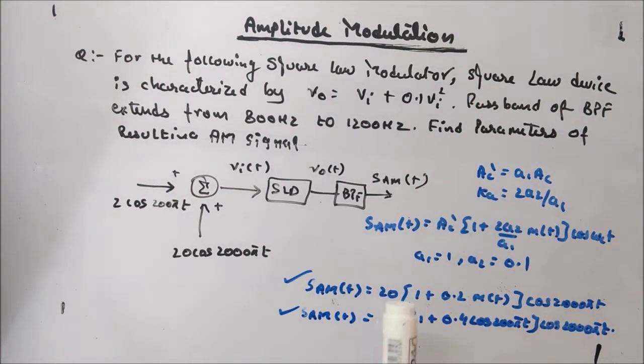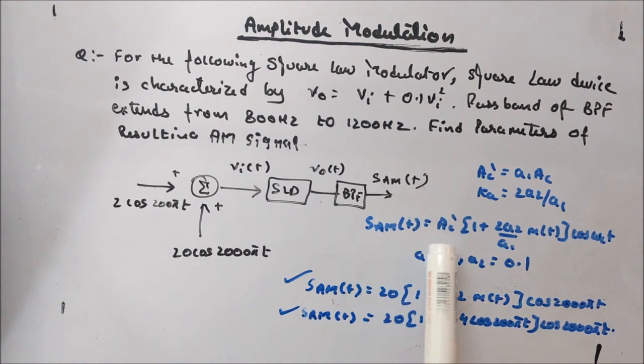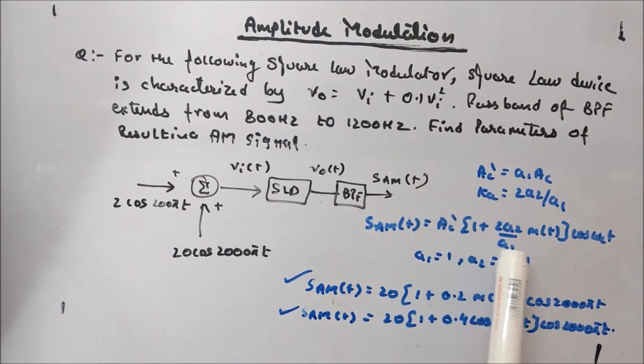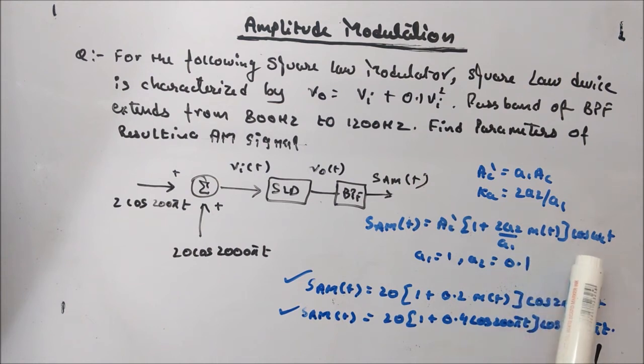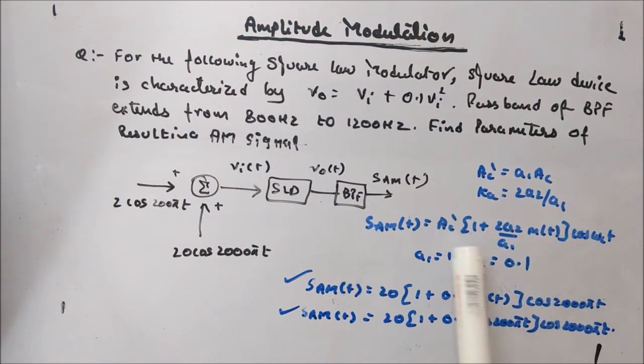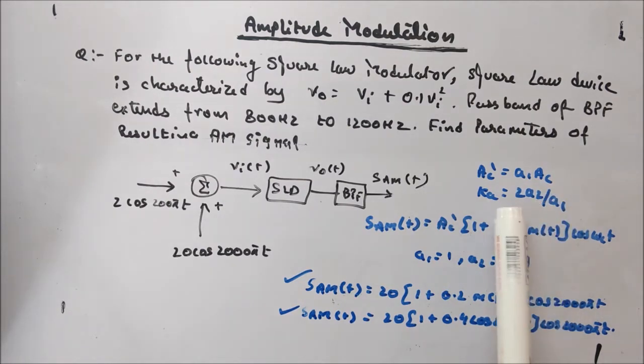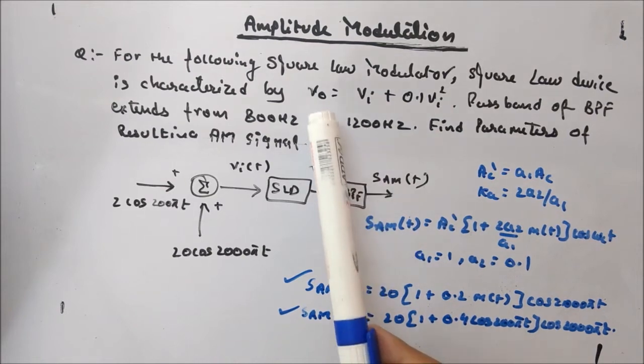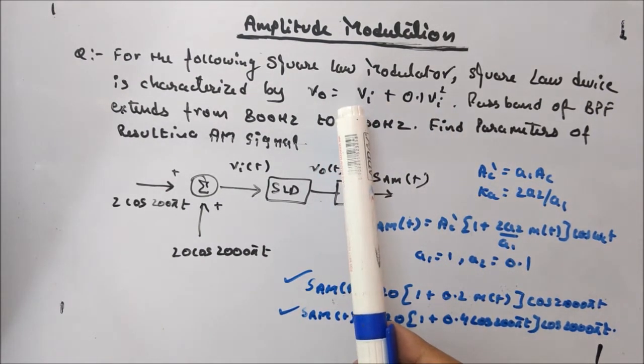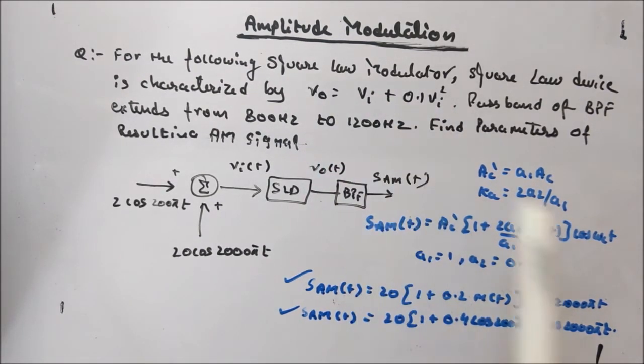For the solution part, you can directly compare the equation. We had s_AM(t) equal to Ac dash times 1 plus 2A2 divided by A1 m(t) cos omega c t, where Ac dash was equal to A1 Ac and Ka is 2A2 divided by A1. If you compare this with the given expression, you have A1 equal to 1 and A2 equal to 0.1.